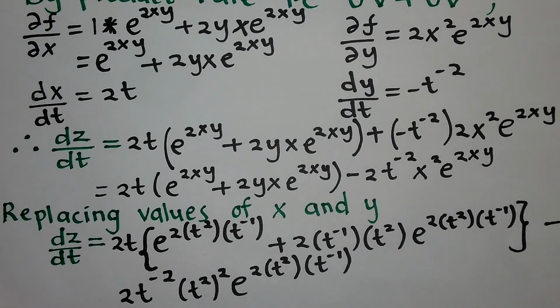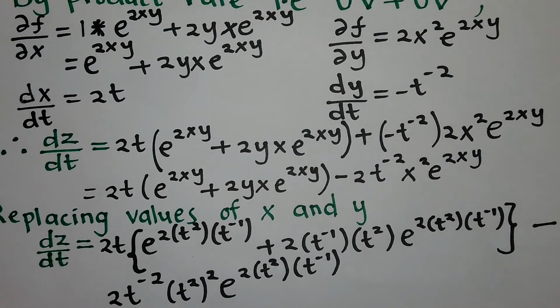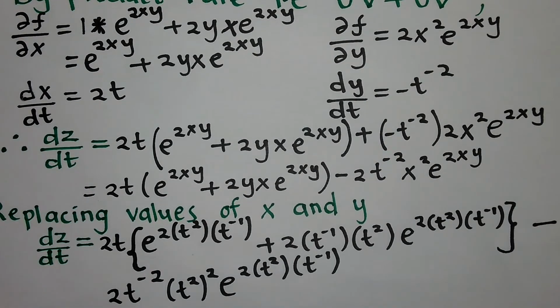So that is going to give us our dz over dt as, x is t squared, y is t raised to power negative 1. You replace all these values. T inverse, y is t raised to power 2. So you're going to replace all those values.